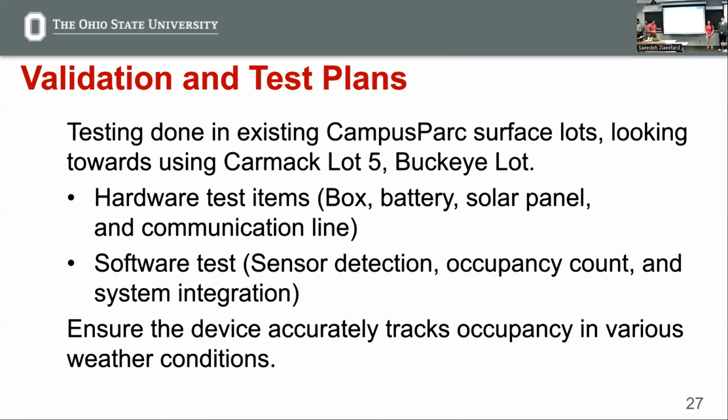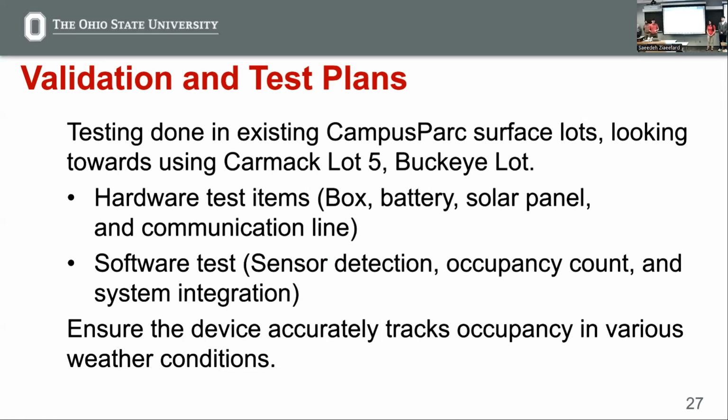And so right now we have our current prototype, but this is the direction of some of the later tests that we'll need to conduct with the battery, solar panel, and also communication out in the real world. And then of course, making sure that the software holds up if we're changing around the hardware. That's something else we're going to want to test. And of course, the weather conditions given the entire setup.